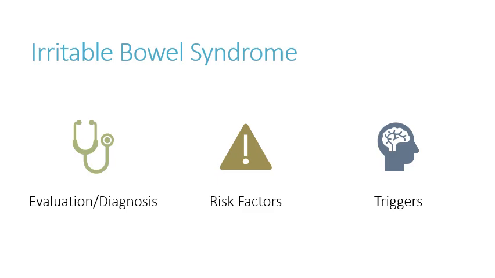IBS is a diagnosis of exclusion, so you have to rule out an infective cause, and you have to rule out an inflammatory cause such as Crohn's disease or ulcerative colitis. And after that, you can say, yes, it's IBS. IBS is usually related to some type of trigger, either psychological or food related.